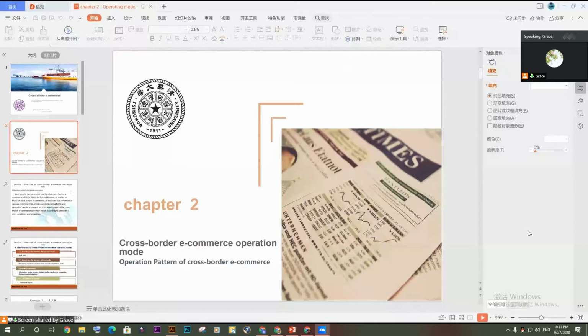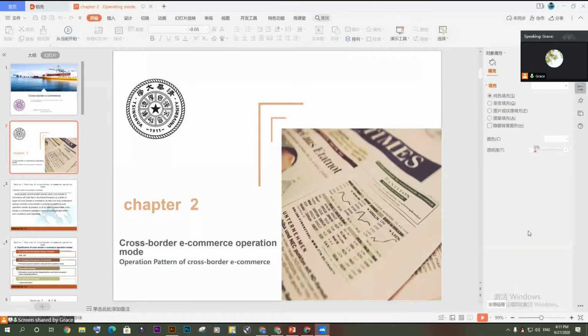Okay, maybe the first one, we have discussed it last class. We just go according to the identities of buyers and sellers. The identities, what that means, is it a company or is it an individual?